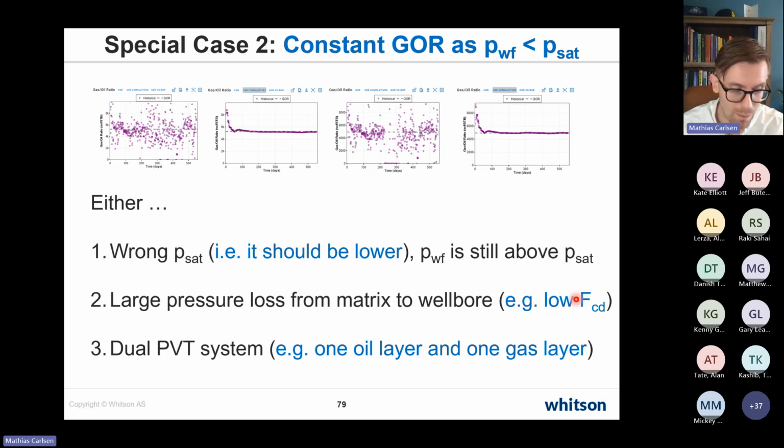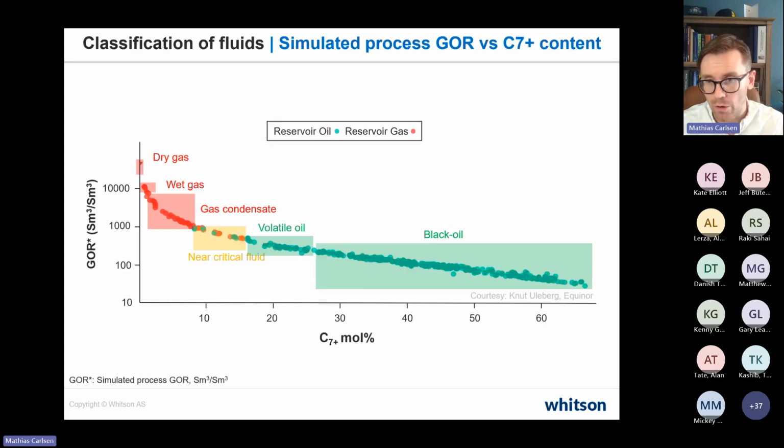So maybe you remember the slide we showed earlier, the thing from Equinor, where they've taken all the samples that they have in the whole company and plotted the GOR versus the C7 plus mole percent. The total well stream composition is not a function of surface process, so C7 plus doesn't care about the surface process.